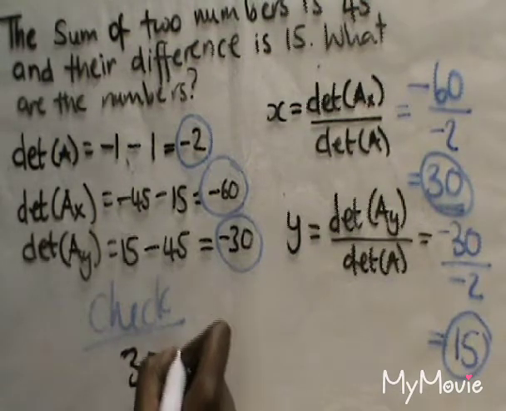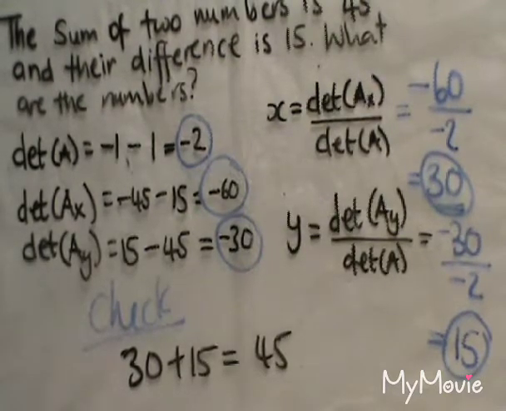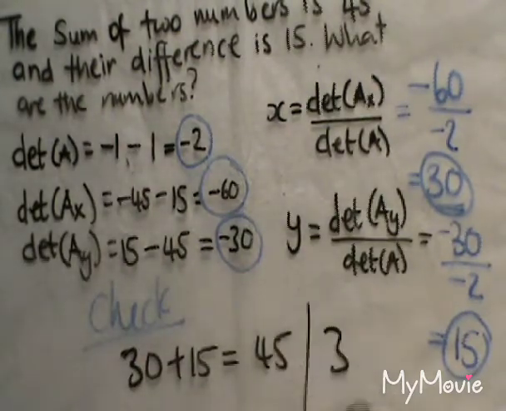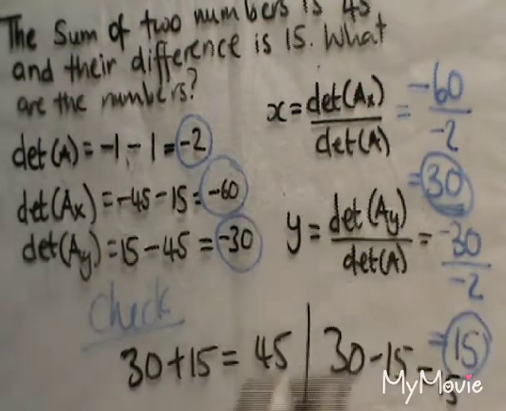So I have 30 plus 15, this is equal to 45. And then I also check that the difference, 30 minus 15, is also equal to 15, as we are required to have. Okay, so that is basically how you would solve simultaneous equations using Cramer's rule.